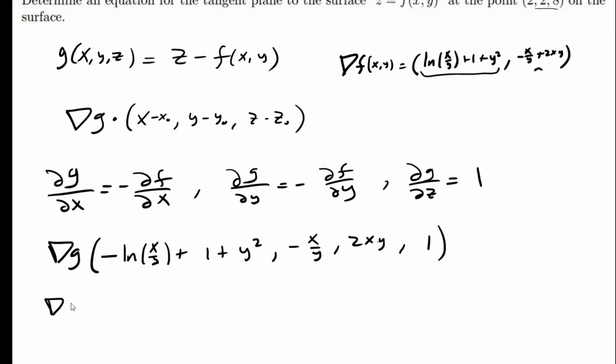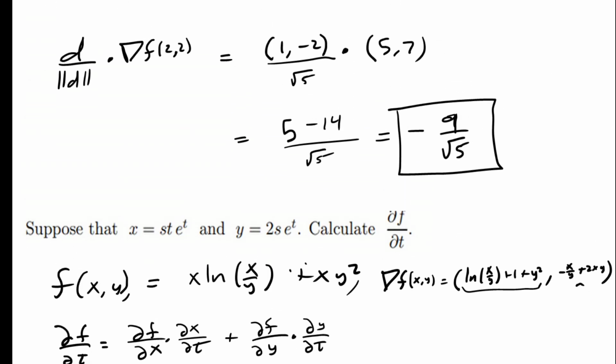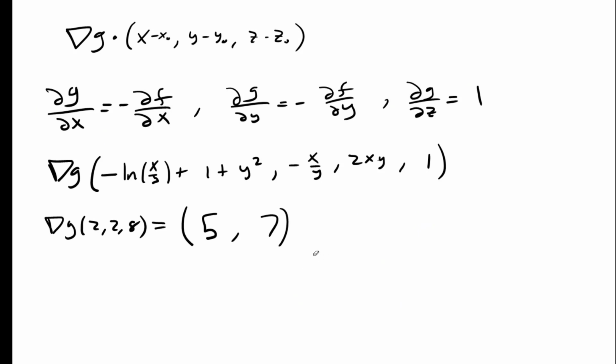I need this at the point (2, 2, 8). And we've evaluated this already. This was 5 and 7, right? That's what we had up here at the top, part 1. Yeah, 5, 7. Except now it doesn't have 2 components, it has 3 components. That is not an 8, that should be a 1.